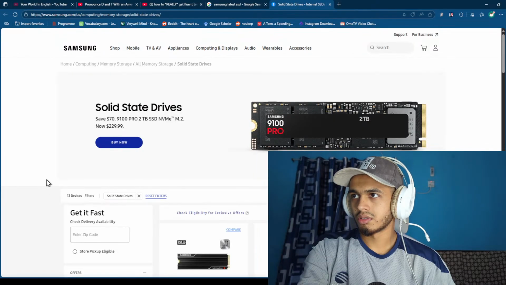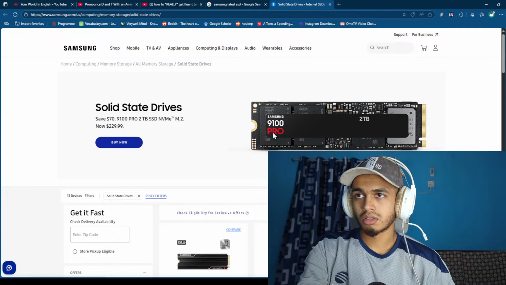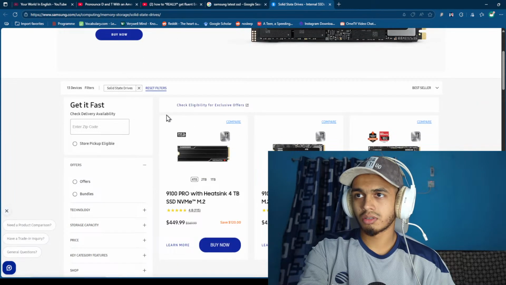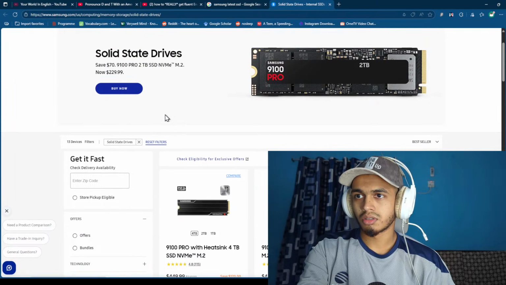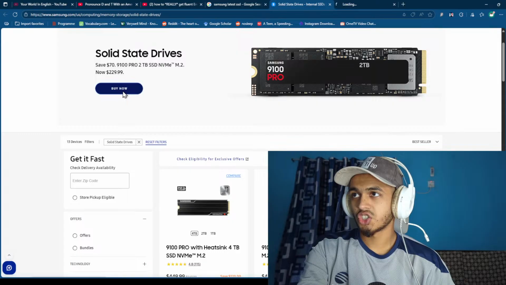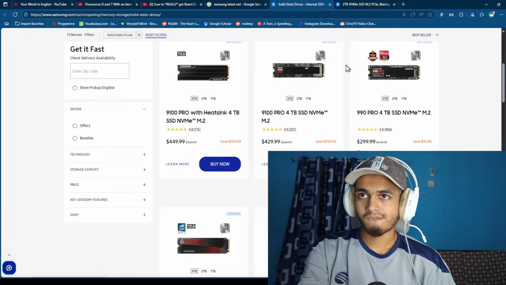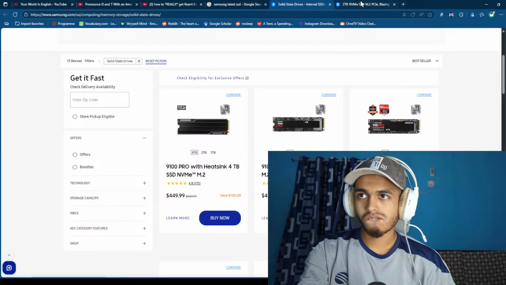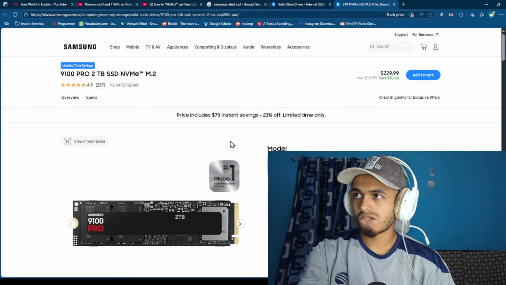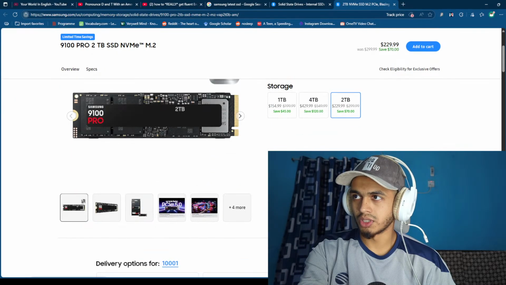Is it that one? This one is latest. Number one flash memory for 22 years.